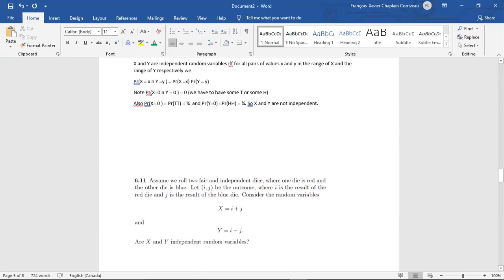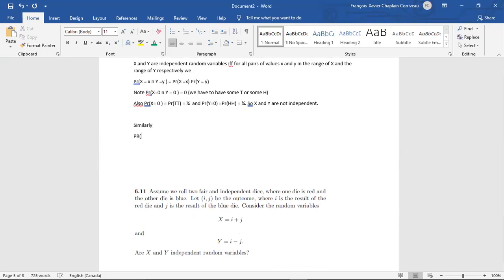So here, similarly, the probability that x is equal to 2 and z is equal to 4 is equal to 0, as z is equal to 4 implies x is equal to 2.